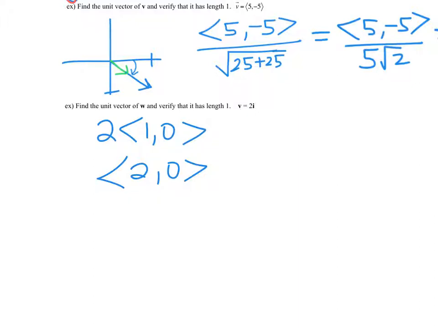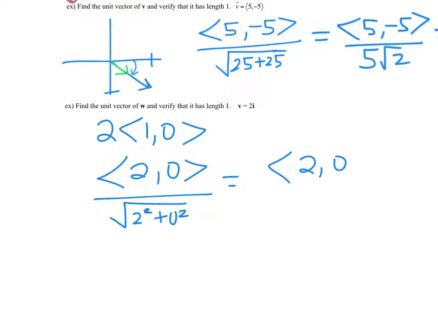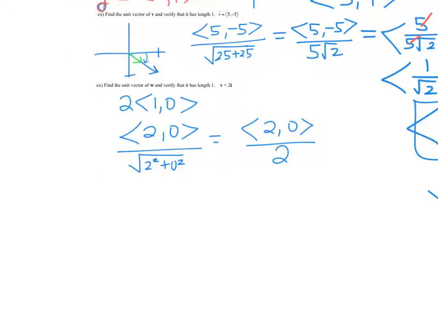So we're going to take its component form and divide it by its magnitude. Its magnitude would be the square root of 2 squared plus 0 squared, which is 2. So we get 2, 0, divided by the square root of 4, which is 2. And I'm going to divide both of them, and I get 1, 0.